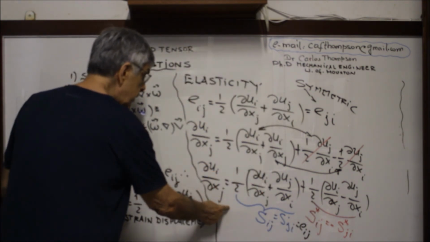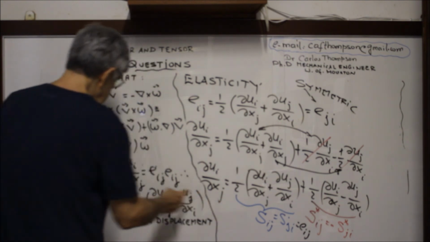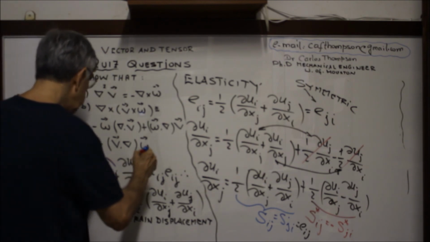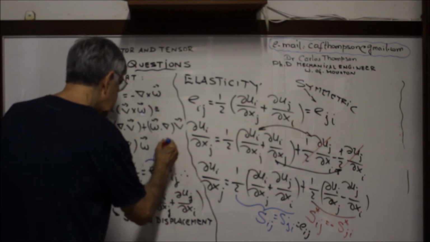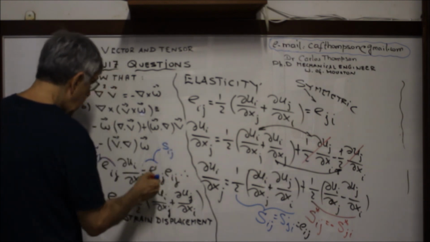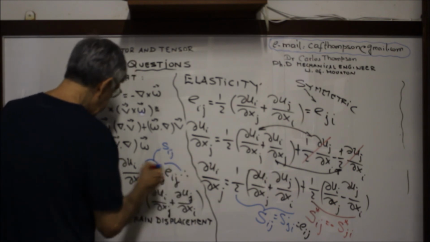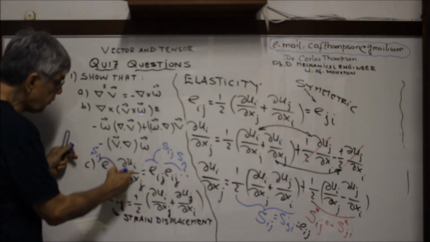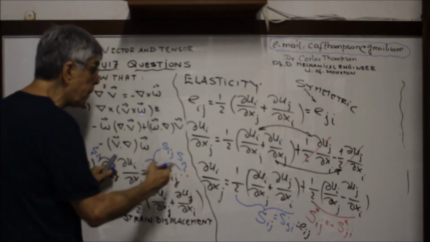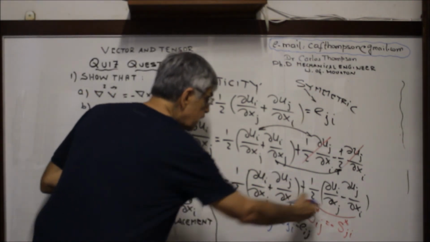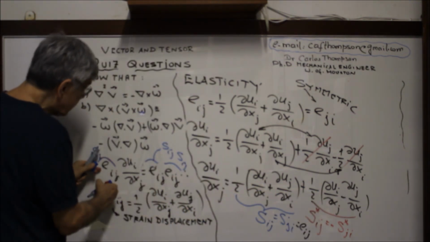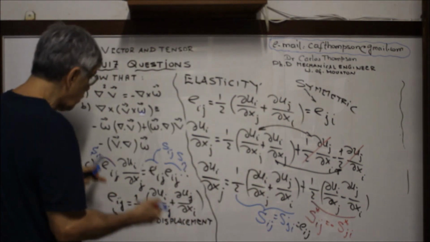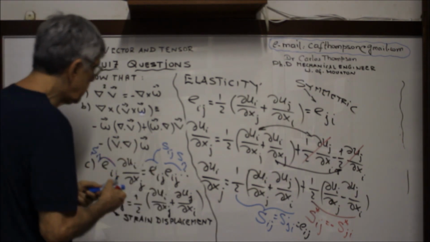Now the partial of ui with respect to xj times the symmetric part, this will be the symmetric part ij times Eij. You see, Eij is the partial of ui with respect to xj, and I decompose it into two parts, symmetric and skew-symmetric. Eij is symmetric, so the symmetric times the red one, the skew-symmetric, will be 0. So it will be Eij times Eij.